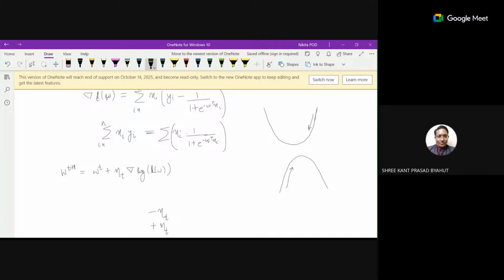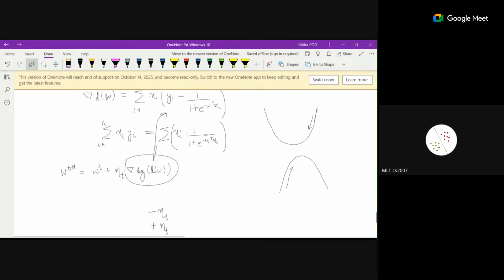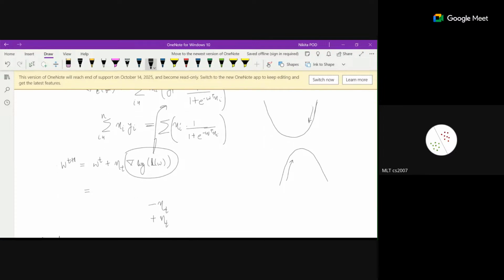And this L of W is the summation of xi into yi, which we found and already defined. At any iteration, W(t+1) is W(t) plus some eta, some step size.